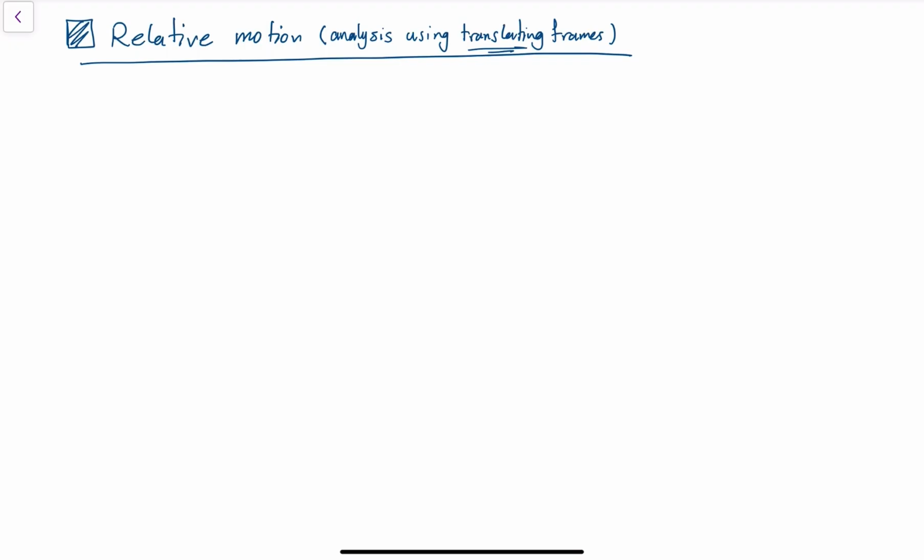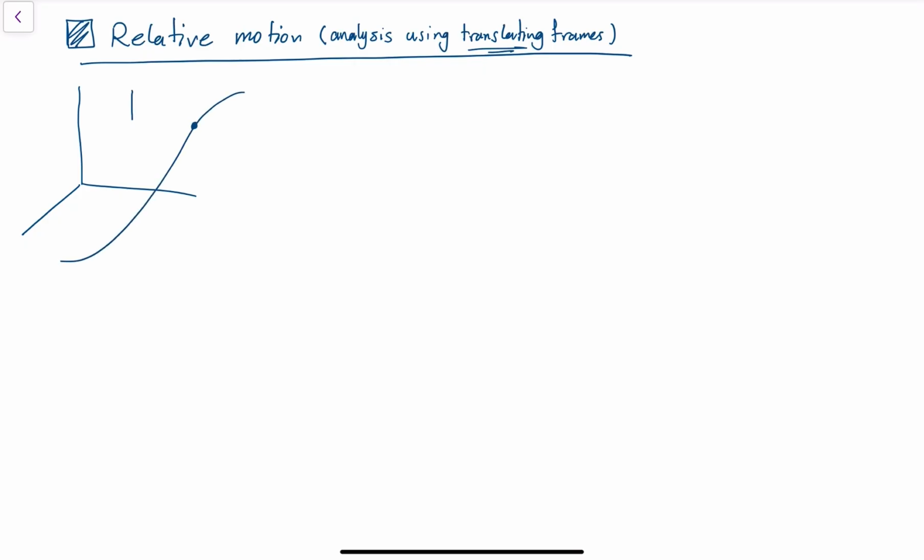So what is the goal here? Imagine you have one frame, and there's one particle moving happily along a path.